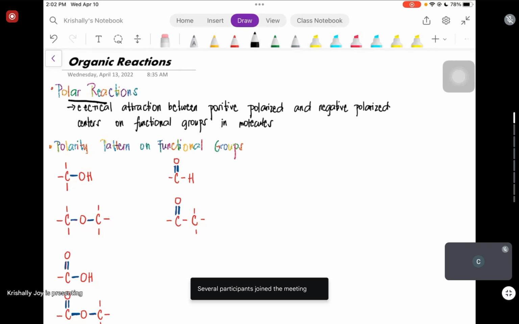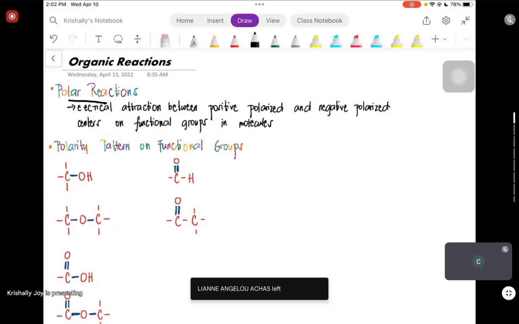So you have molecules interacting. One molecule has a positive pole, the other one has a negative pole. So the attraction is between opposite charges for the polar reaction to proceed. That's the definition of polar reaction.